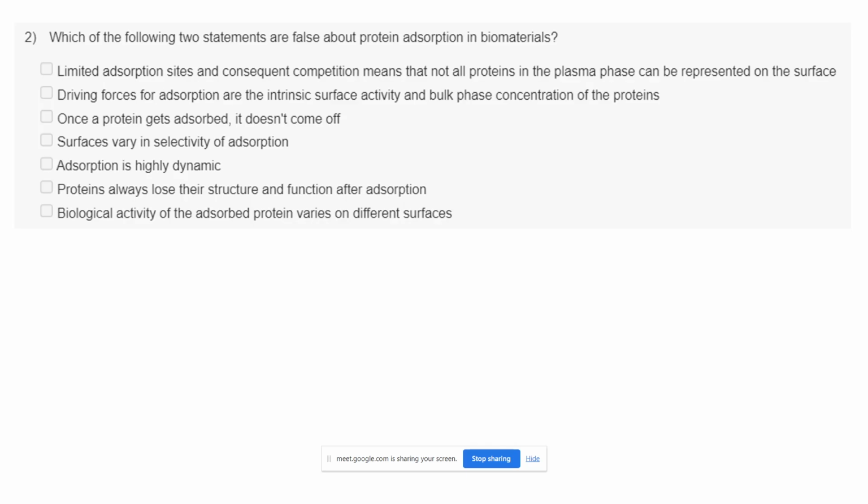Anybody else would like to answer? Which of the following two statements are false? Nobody else?